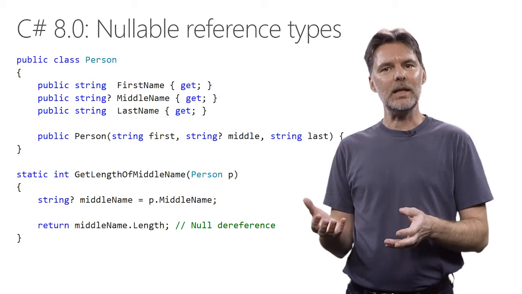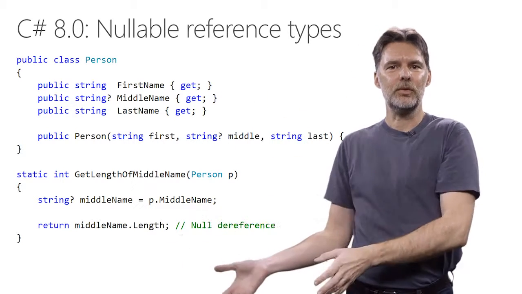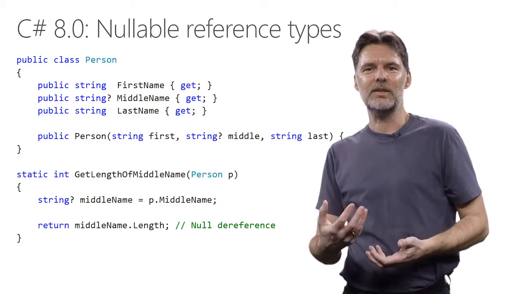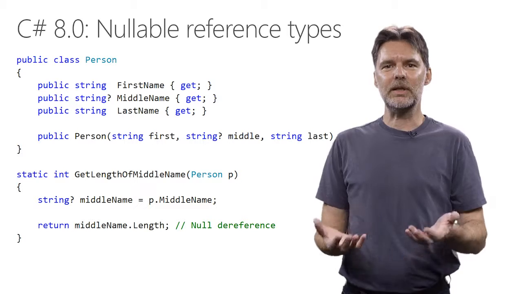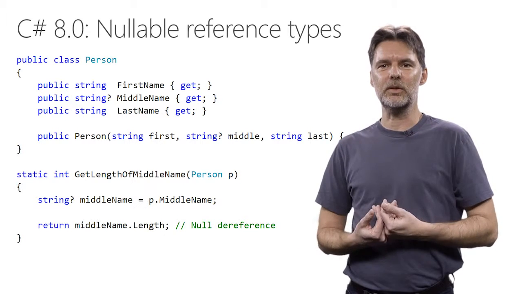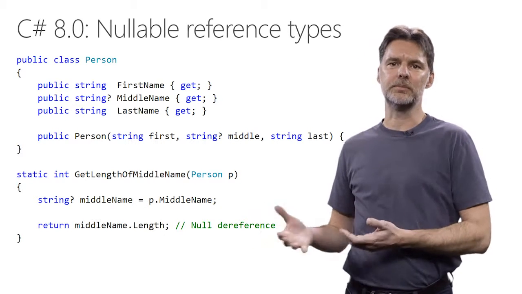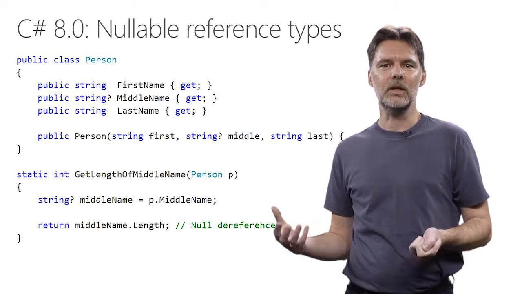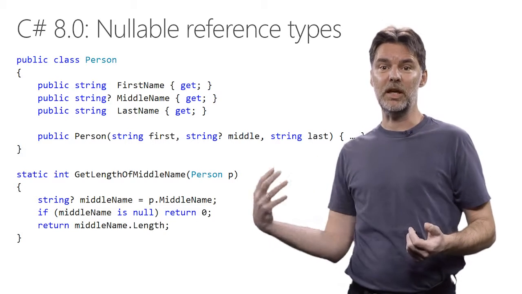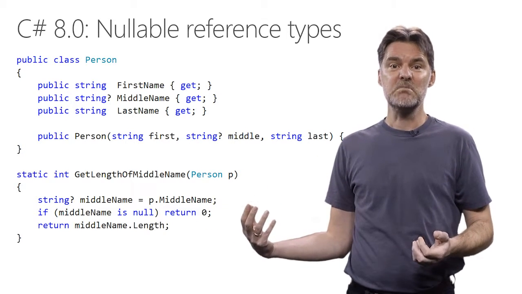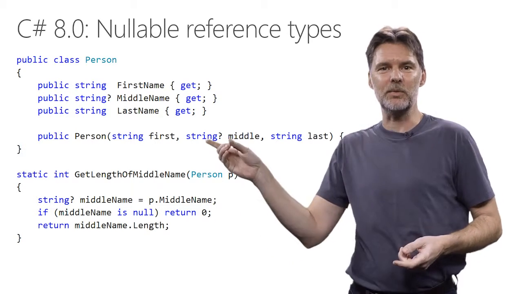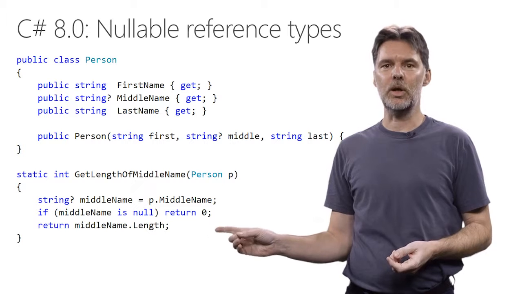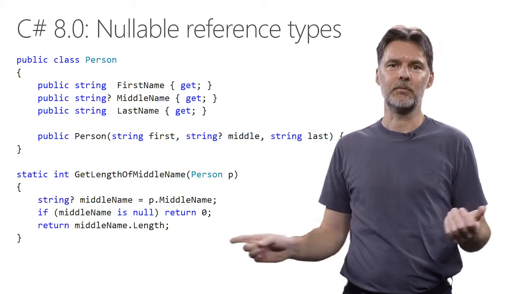Well, the compiler does a flow analysis through the code similar to how it tracks definite assignment today. So if you have appropriately ensured that the referenced value isn't null, then the compiler will see it. So one way to convince it is to check for null. In this case, if the local variable is null, I simply return out of the method. So the compiler is satisfied that if and when I reach the dereference, the local is no longer null, or we wouldn't be here.